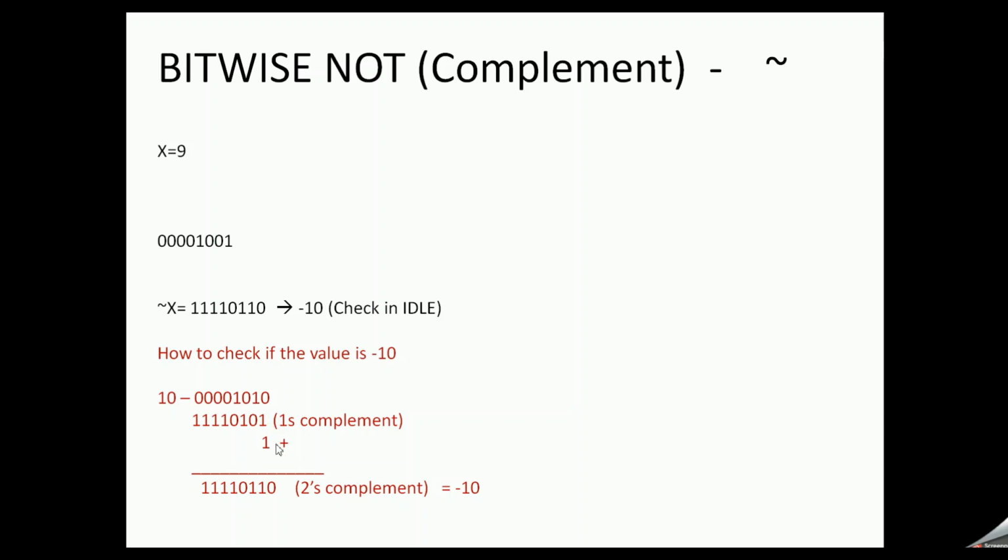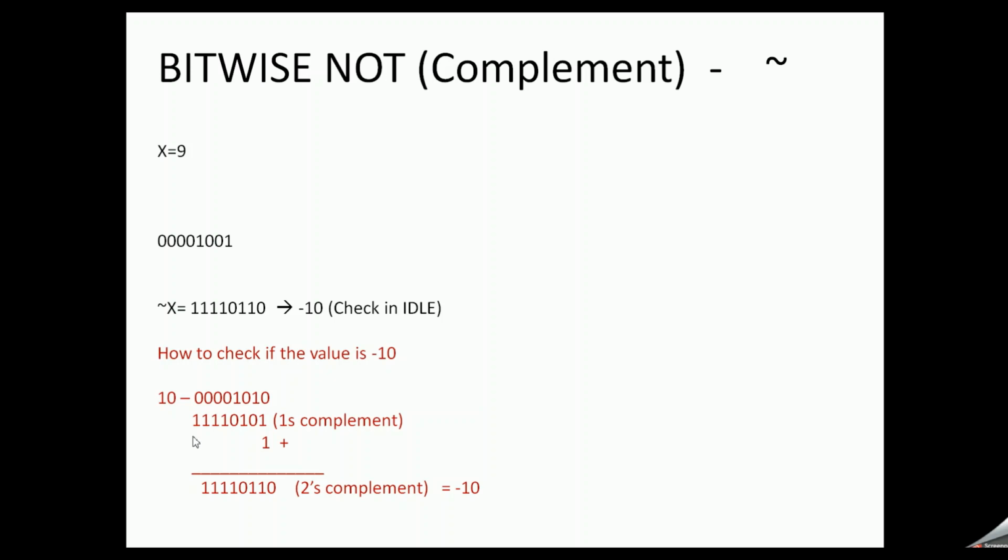So 1 plus 1 becomes 0, carry over is 1, 1 and 0 becomes 1, 1 and 0 becomes 1, 0, 1, 1, 1, 1, 0, 1, 1, 0. So this value and the value which we have obtained for the complement of x, both are same. So we can say that it is equal to minus 10. That is 2's complement of 10.